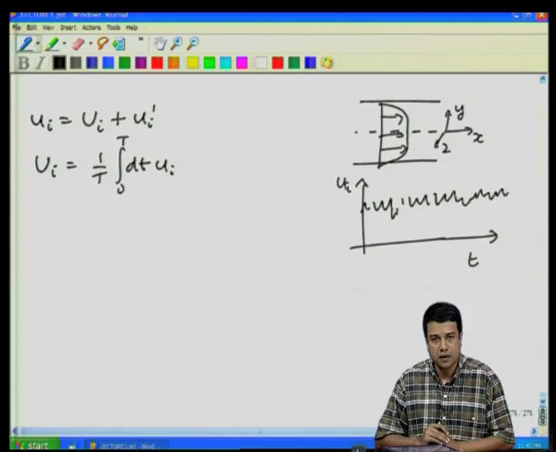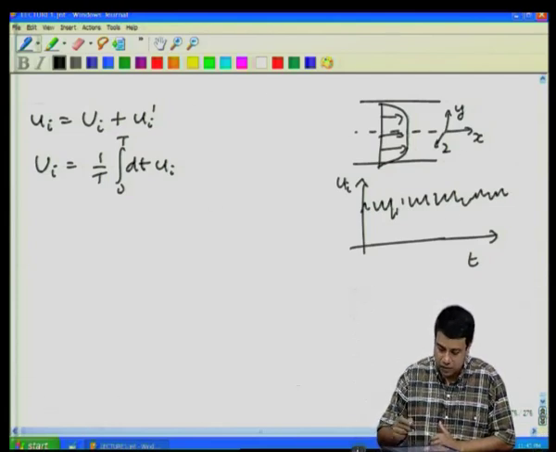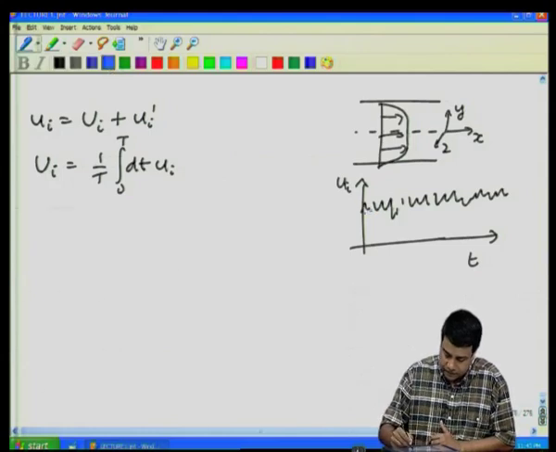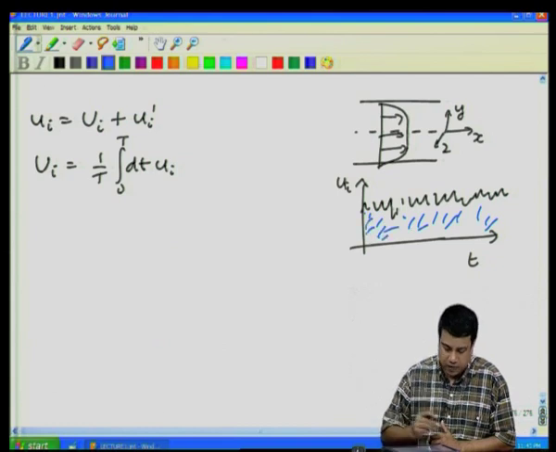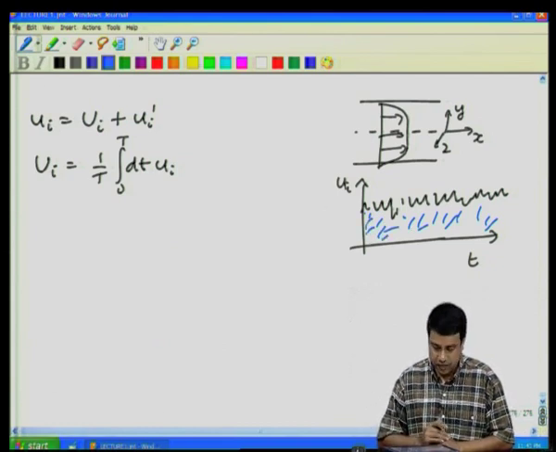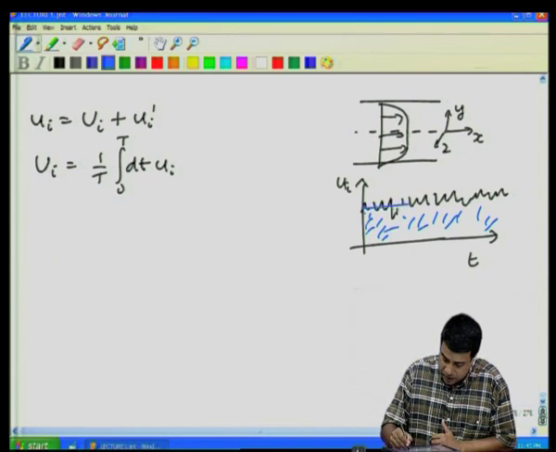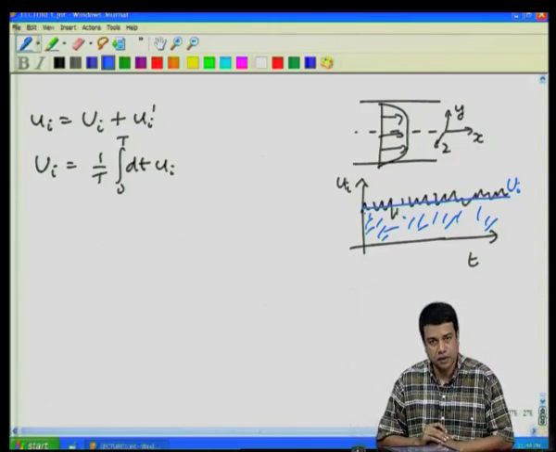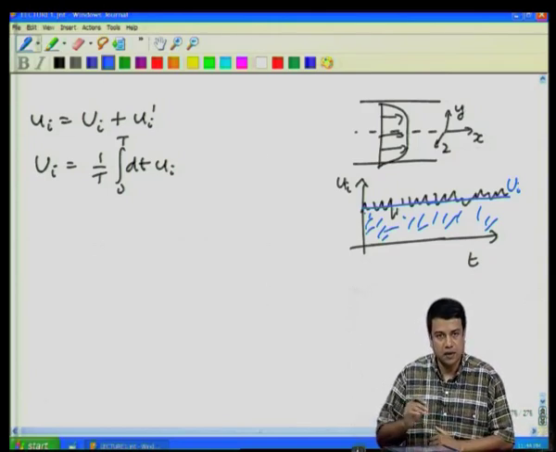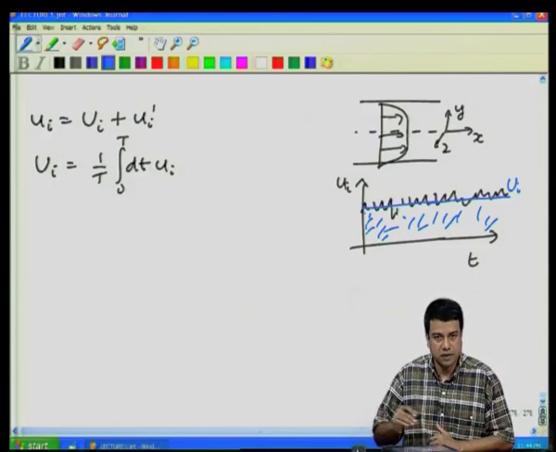If I take the integral 0 to capital T dt of Ui, I get the total area under this curve, and that is equal to capital Ui times T, where capital Ui will turn out to be the average velocity. So, the average velocity times capital T is equal to the integral of the velocity over time.